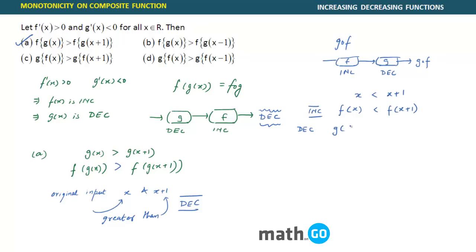Now g being a decreasing function, g has these two inputs. Don't worry that this was an output; now it is an input. So g of f(x) and g of f(x+1), right? What will happen now? We know that g is a decreasing function, so for g, the smaller the input, the larger the output.